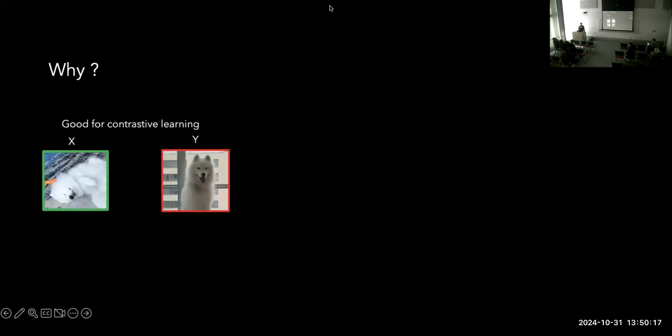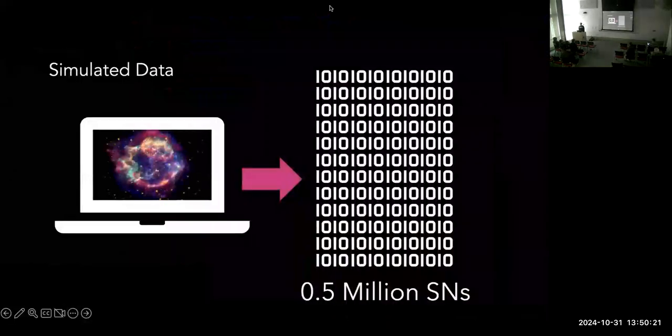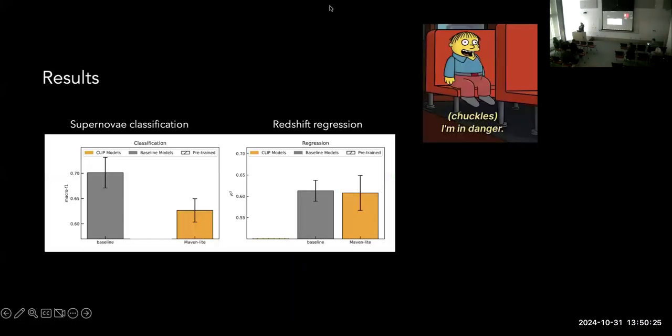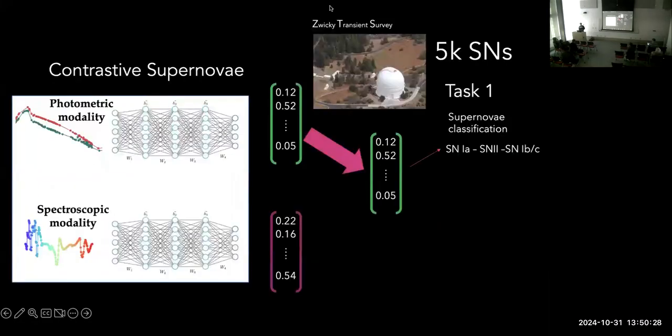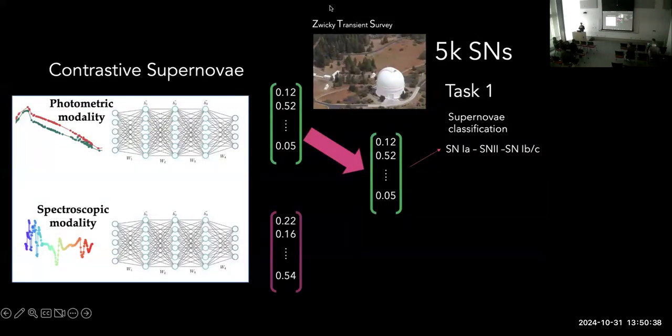Are you trying to match the spectrum, or the information you get after you've analyzed the spectrum? I don't use any labels, right? What I'm throwing in is purely the spectroscopic data and the photometric data into contrastive learning. It doesn't know anything about what supernova type it is, or how far away it is.